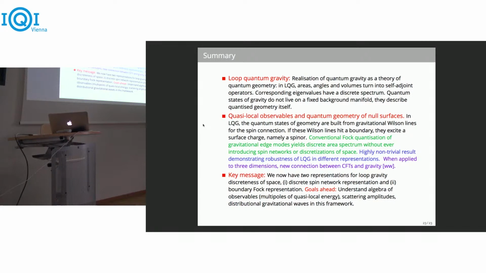And then I explained to you that using a more conventional Fock quantization for these boundary degrees of freedom, you obtain essentially the same spectrum for your observables as in the more discrete loop quantum gravity approach, without, however, using spin networks. And this is, in my opinion, a very strong result, supporting the overall consistency of the approach. Yeah, so, and I stop here.